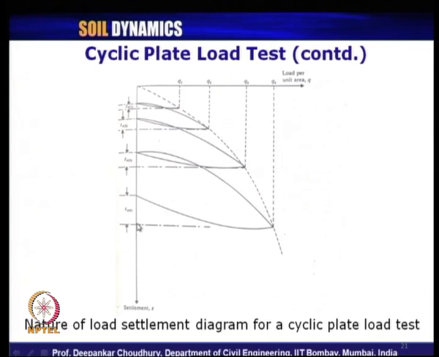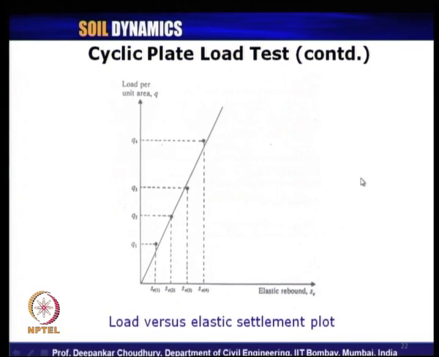So, this much is elastic settlement. S E 4 is the elastic settlement for the applied load Q 4. So, we got the estimation from this load settlement curve from the cyclic plate load test, of the values of corresponding elastic settlement to this applied load.